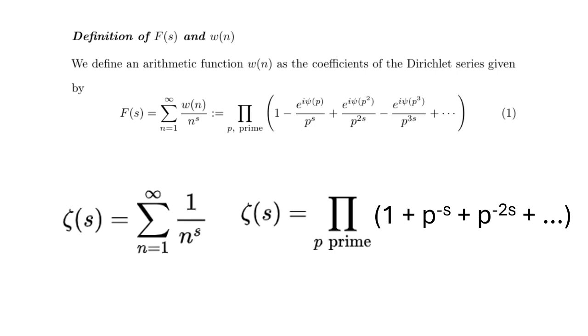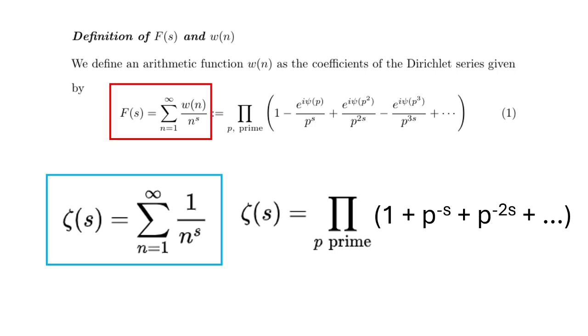So the similarities to the Euler product that we just looked at are obvious, right? We have a sum to infinity with n to the s in the denominator. Sky has w of n in the numerator, and that's new. But remember, this statement that we're looking at in Sky's paper serves as a definition of w.